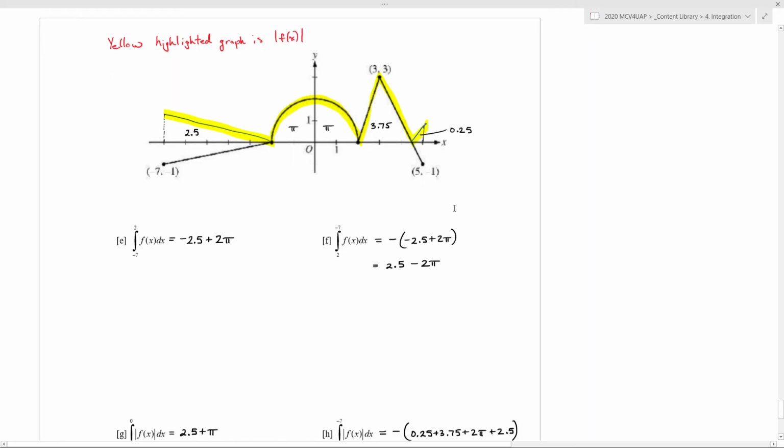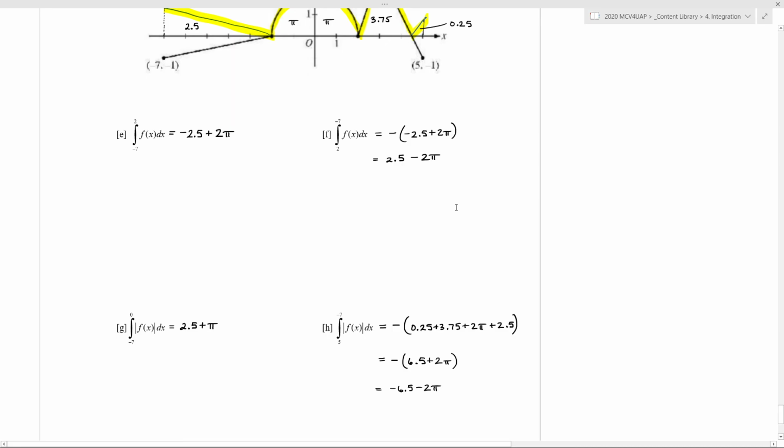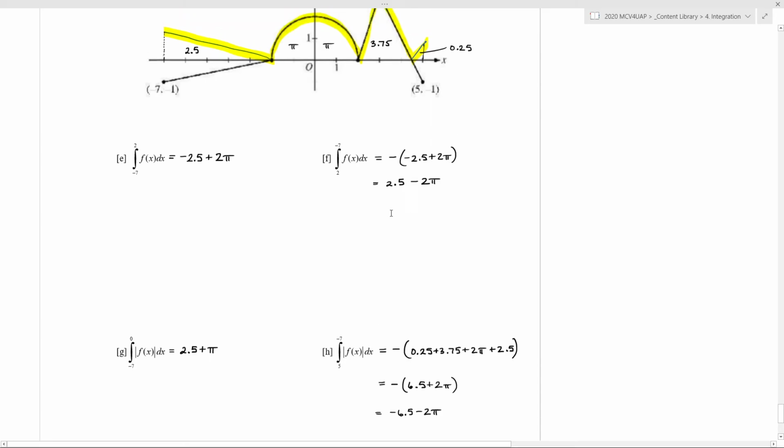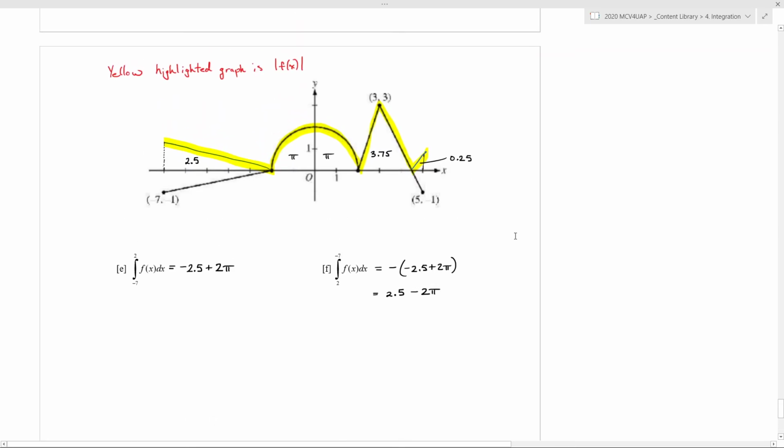The reason I did that is because in part G and part H, we're not evaluating definite integrals of f of x, we're evaluating definite integrals of the absolute value of f of x. So anytime you have a function f of x and you want the graph of the absolute value of f of x, all you do is reflect the negative pieces in the x-axis.